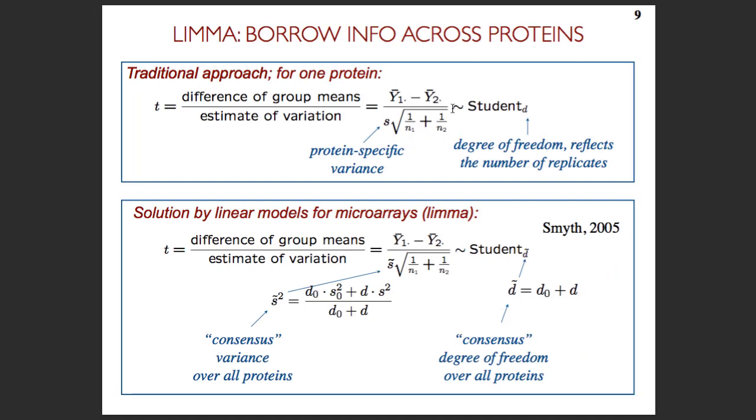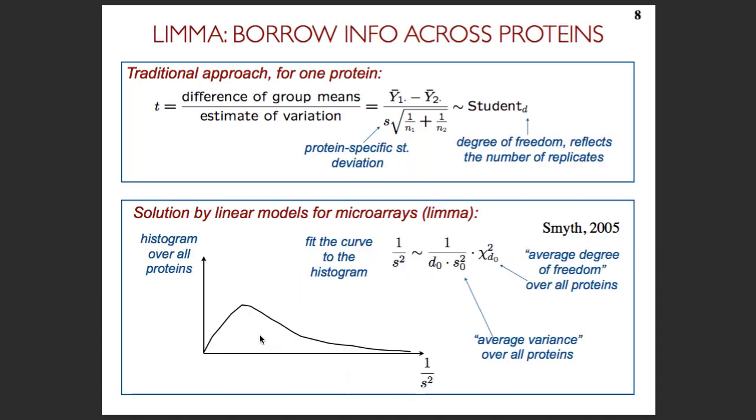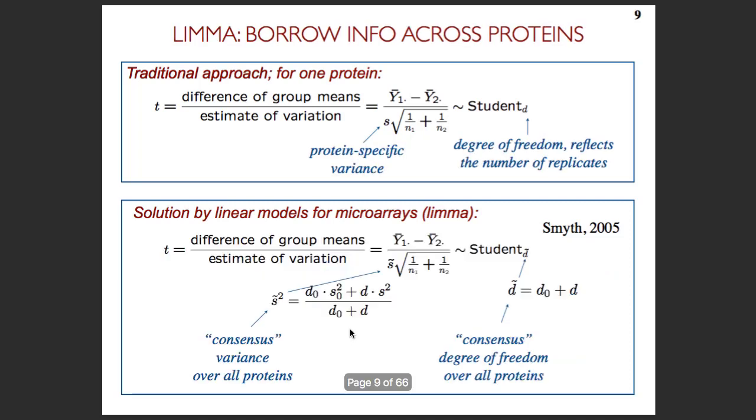So this is what we had before. If we use pooled estimate of variability, we essentially replace this estimate with a new estimate, which is a weighted average of the protein-specific information and the average information in the entire data set. So D is the degree of freedom, so how many data points we have for individual protein, and D0 is this parameter which we obtain by fitting a curve to this histogram.